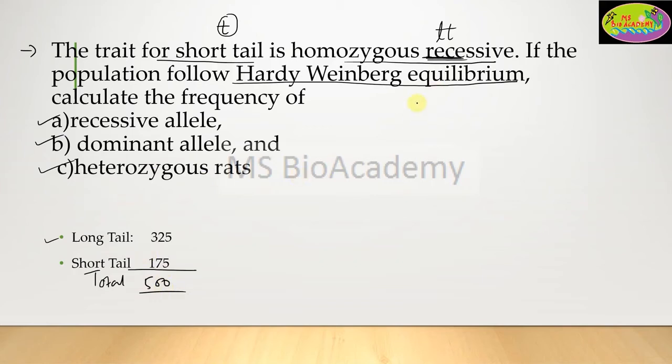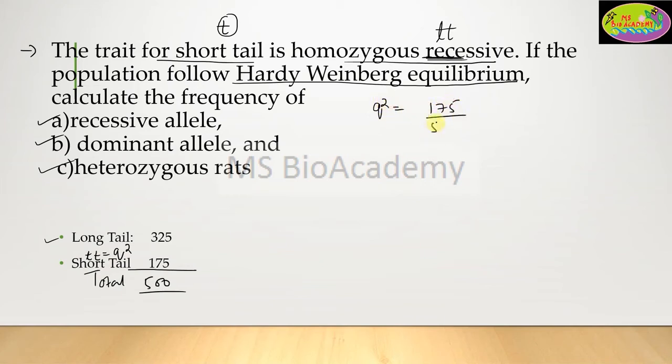If I want to find out how many are with the short tail, that means I can calculate the q, right? That is how many are in the recessive allele form. Short tail means they will be having the small t, that means it is q square.